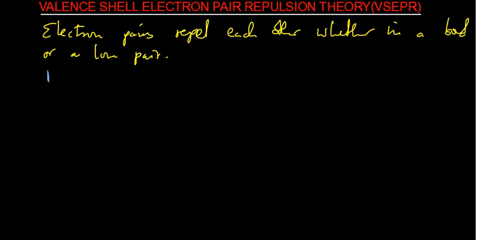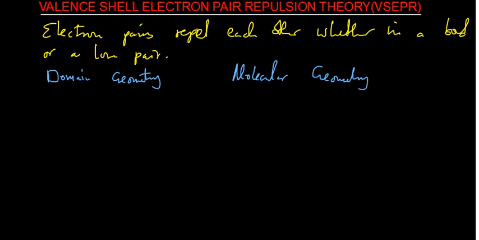If you are talking about the domain geometry, it includes even the electrons around that atom. That is domain geometry. But molecular geometry does not consider the electrons, only the atoms around the atom of interest.